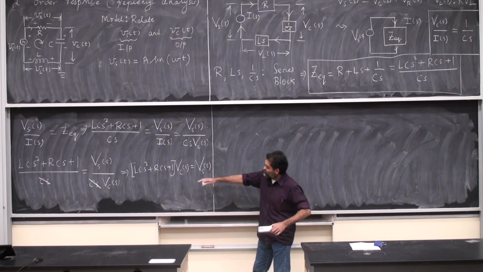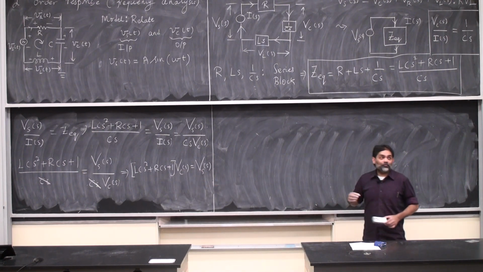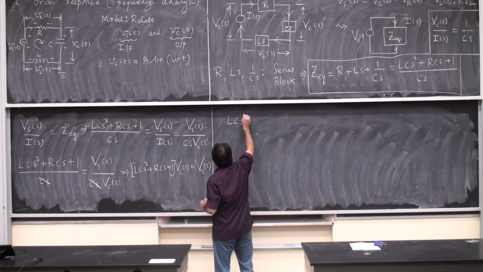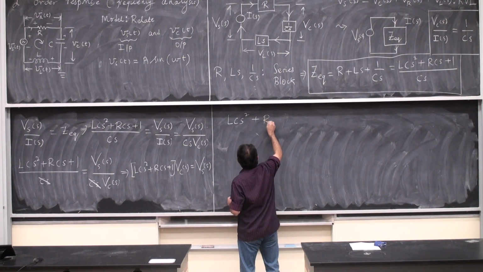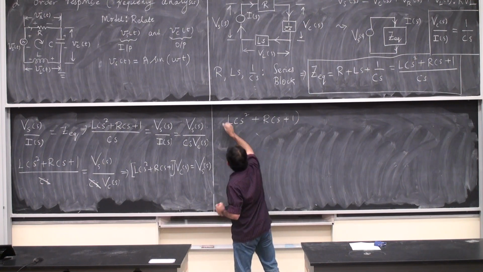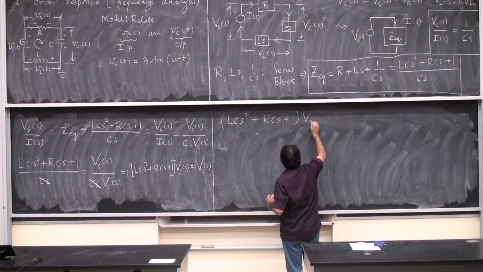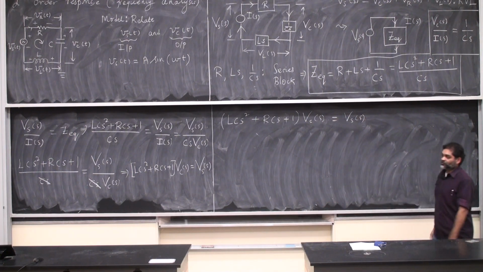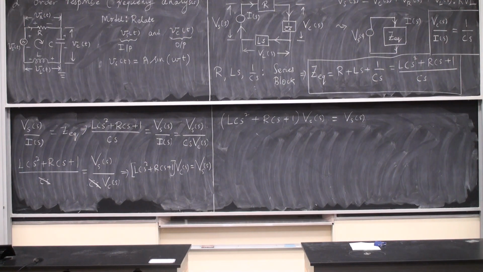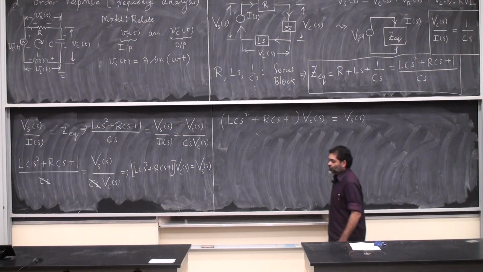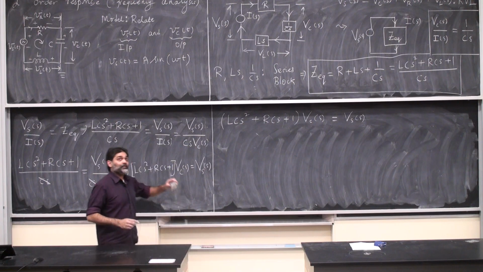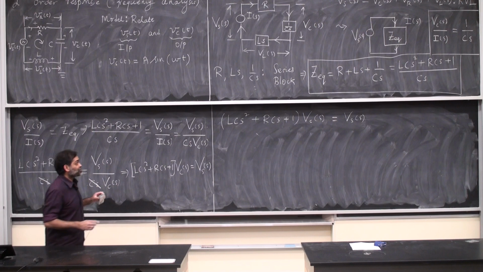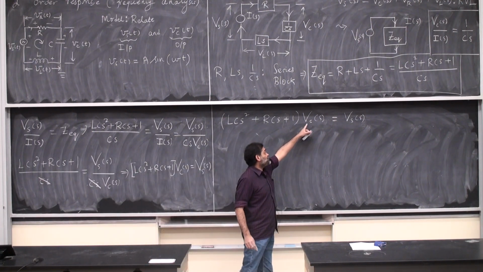I'm going to take this expression, invert it, bring it back to the time domain. Okay? So I'm going to rewrite it for our benefit. So LCS square or CS Vc of S is Vs of S. Invert it back. If you invert it, if you see an S square, then whatever was the term that is attached to it in terms of the output, that becomes a second derivative.